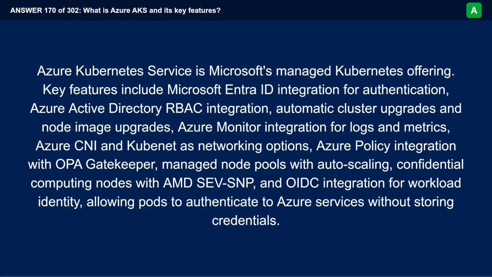Azure Monitor integration for logs and metrics, Azure CNI and kubenet as networking options, Azure Policy integration with OPA Gatekeeper, managed node pools with auto-scaling, confidential computing nodes, and OIDC integration for workload identity, allowing pods to authenticate to Azure services without storing credentials.